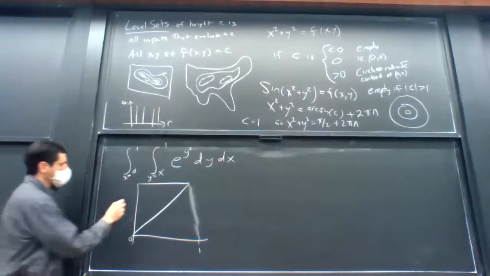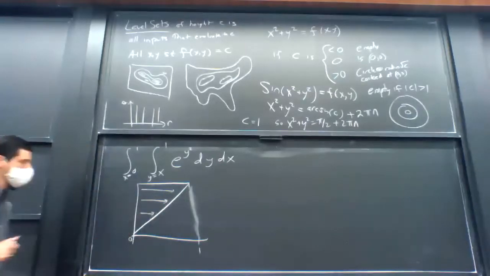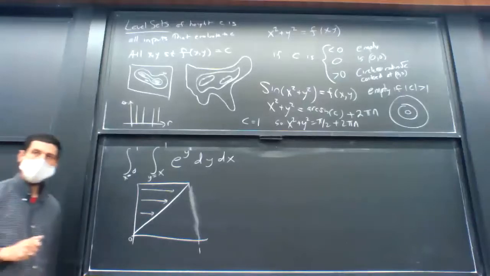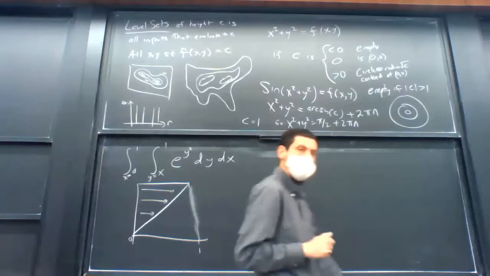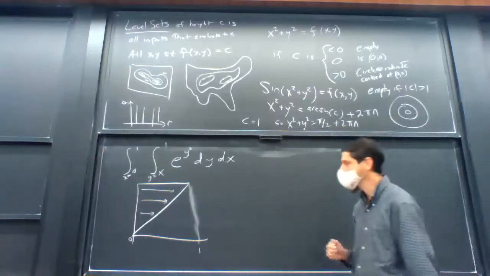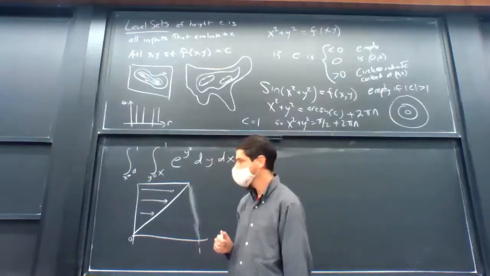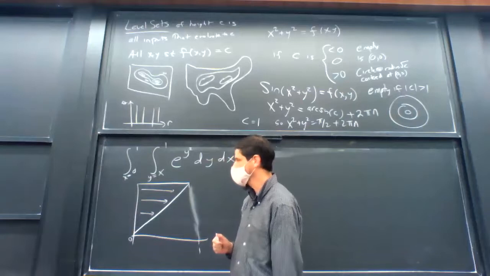So almost surely, let's try going horizontally. We need to figure out what's going to be the left bound of integration, and what's going to be the right bound of integration. Well, this is particularly nice. What's the left bound going to be? 0. And what's the right bound going to be?